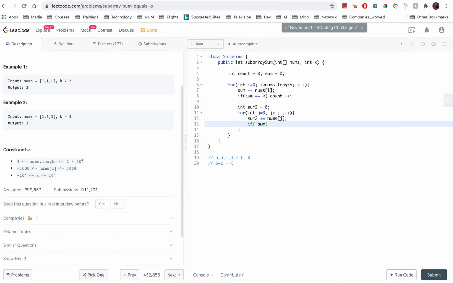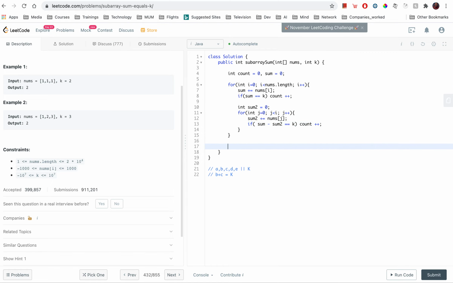If sum minus sum2 equals k, count plus plus, right? So for each number, it's looping again from the beginning to that value of i and calculating if there are any subarray in between i and j that have the same sum.